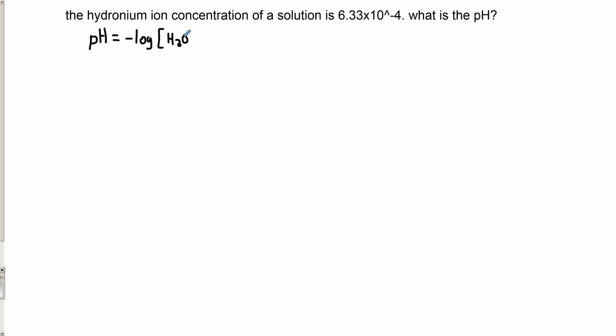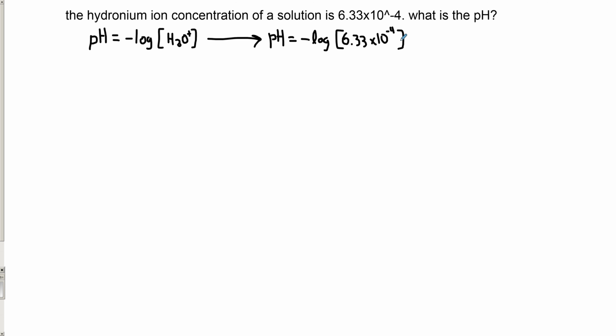So I'm going to throw my numbers in. pH of my solution equals negative log, and then the H3O concentration, 6.33 times 10 to the power of minus 4. And that's in moles per liter. Concentrations, remember, in chemistry are shown in moles per liter.